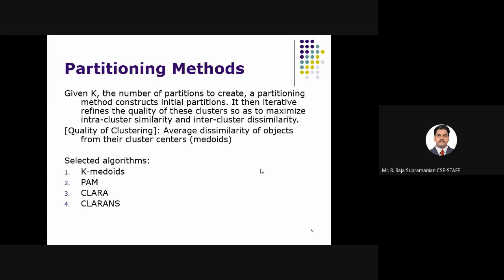If I have a point in the middle, it will serve as a cluster center, and all other points should be closer to that point. That point I call the medoid point, which has the smallest distance to all its neighbors. So these kinds of algorithms make sense: if only one or two points have a larger distance from the best medoid, I can call those one or two points outliers or noise points.